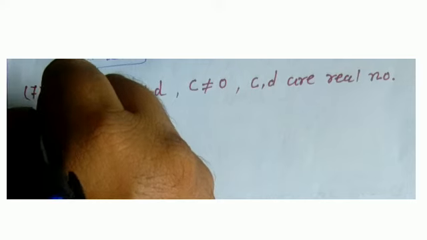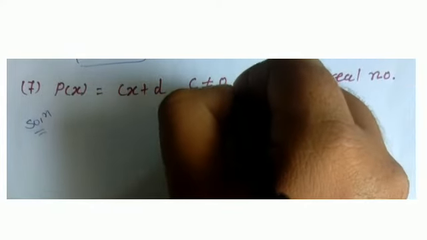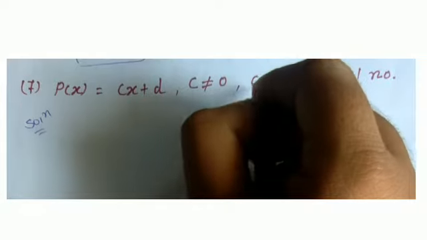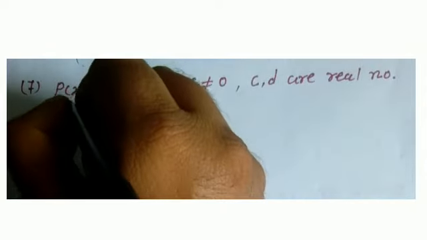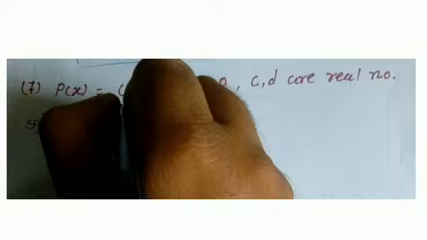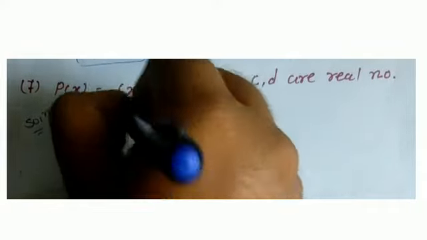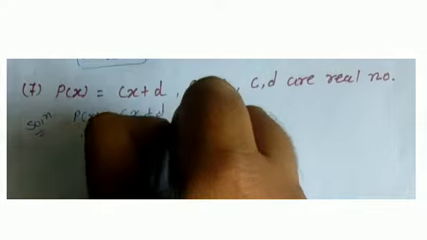Now 7. P of x is equal to cx plus d, and c is not equal to 0. Again, c and d are real numbers. So we can write P of x is equal to cx plus d. Therefore cx plus d equal to 0.